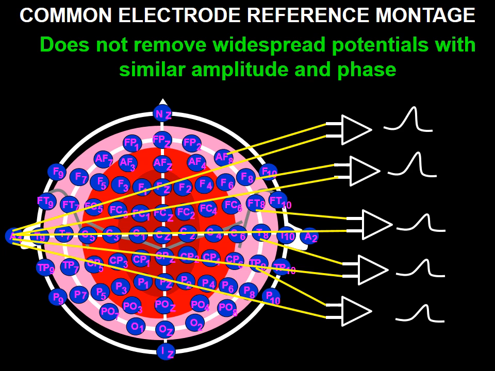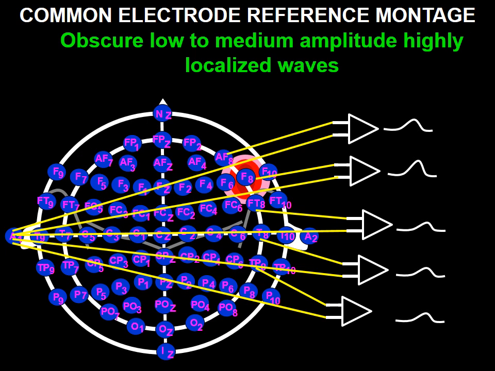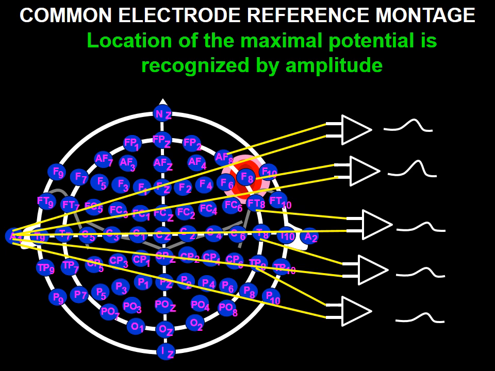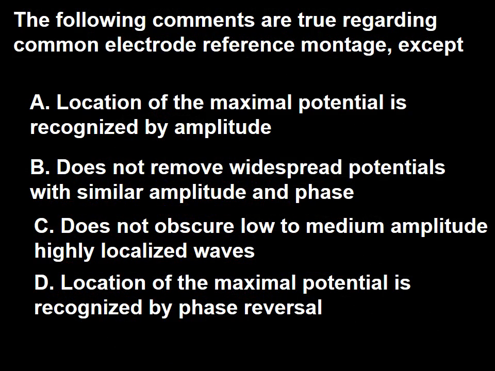Common electrode reference montage do not remove widespread fields. They obscure low to medium amplitude highly localized waves. In common electrode reference montage, the localization of the maximal potential is recognized by amplitude. So the answer to this question is D.